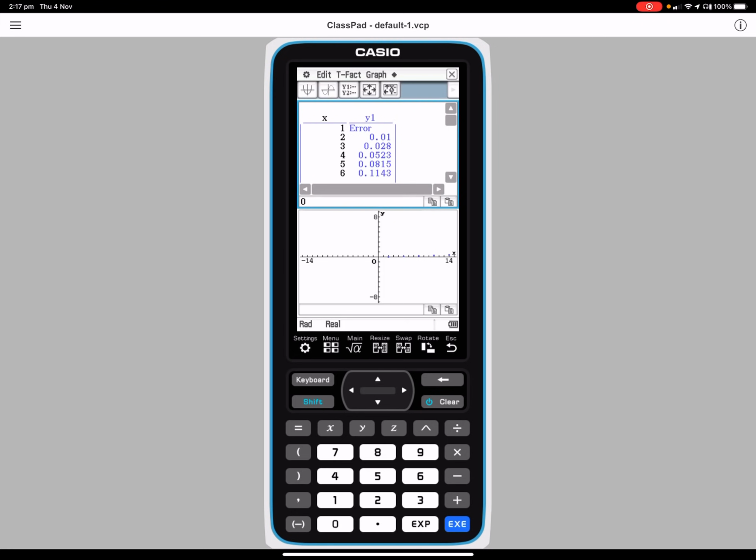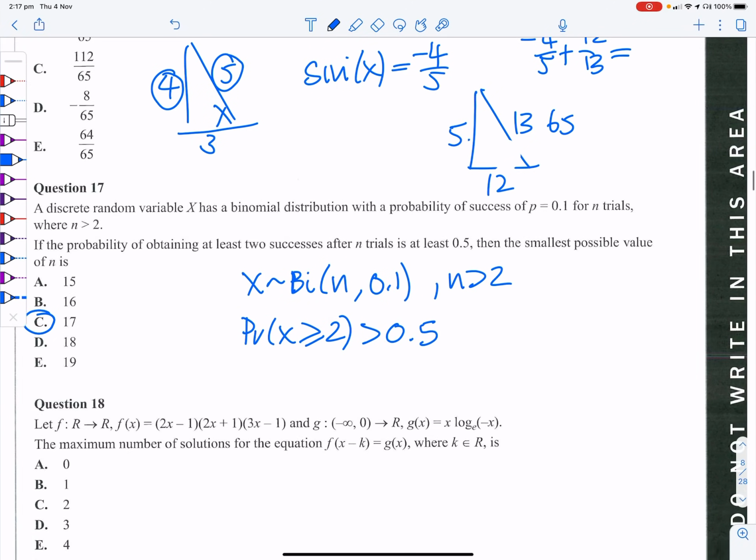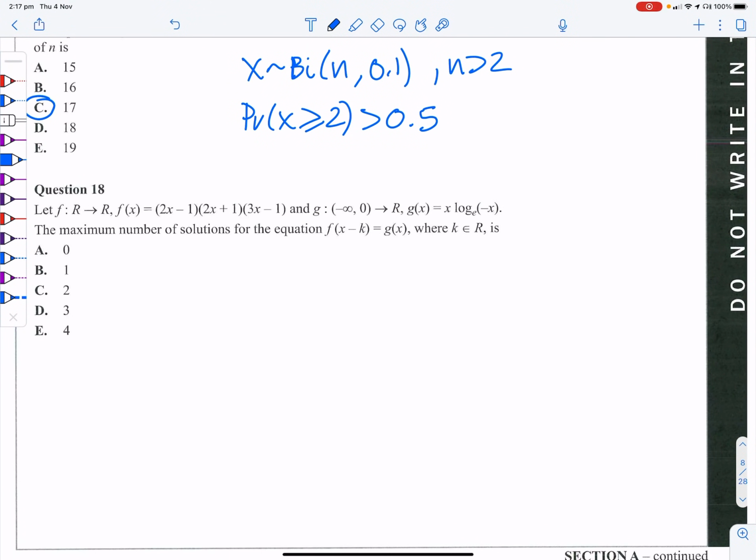So we get a table of values, and when does it first go above a half? After 17. So n is 17.